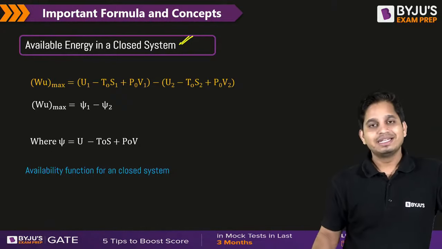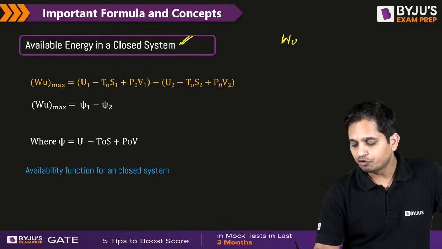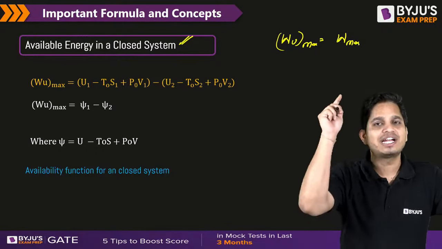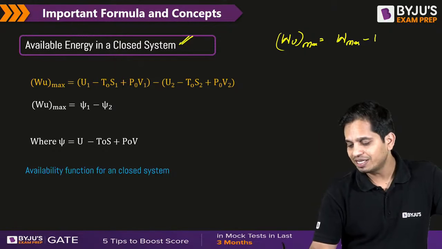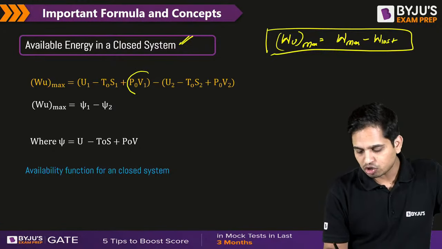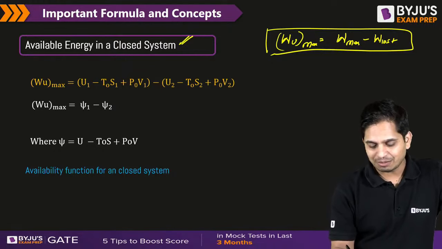So what is this? This is the work. Maximum useful work is basically the maximum work that you can get, and this is the work that is lost to overcome the surrounding.